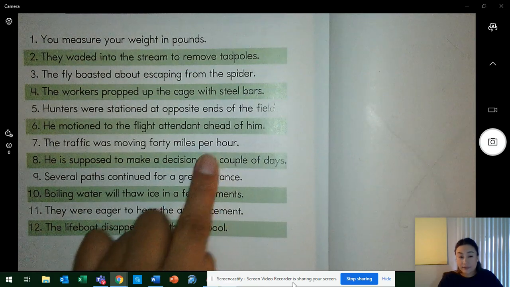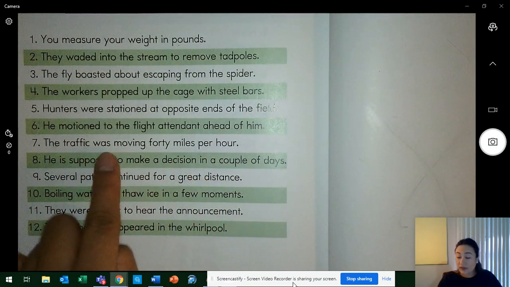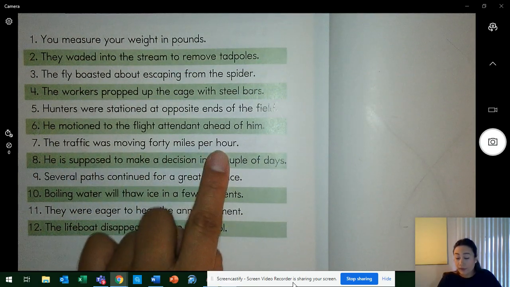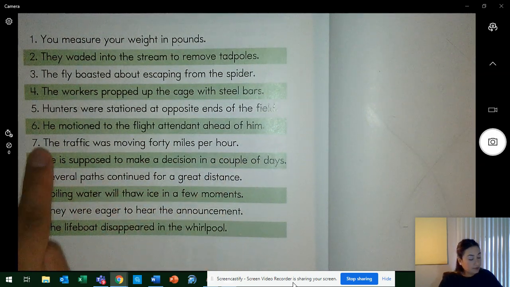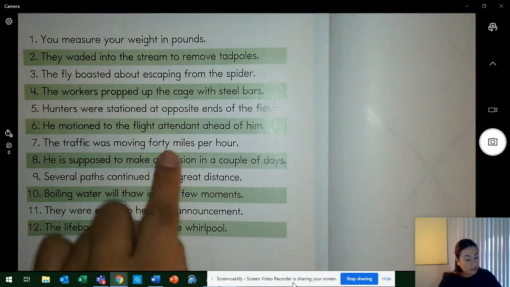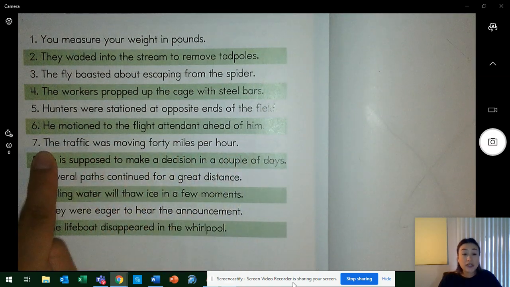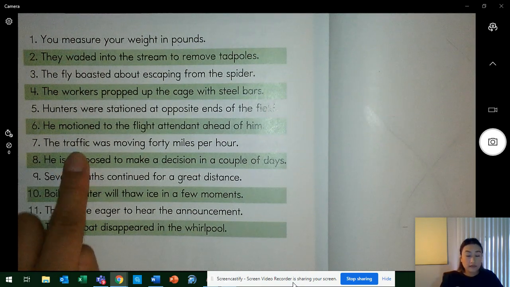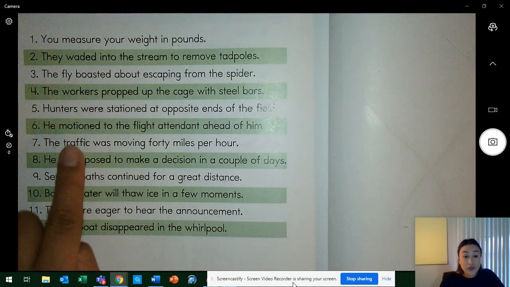Now listen. The traffic was moving 40 miles per hour. Everybody say the sentence. Good. The traffic was moving 40 miles per hour. What word refers to all the cars and trucks that are moving on a street? Yes, traffic.